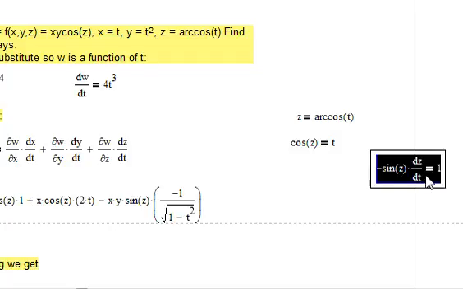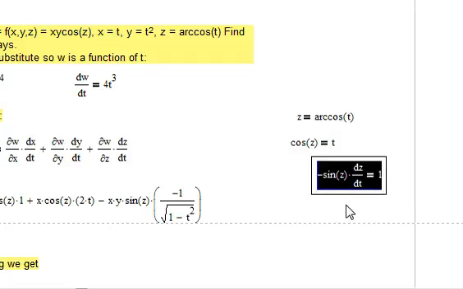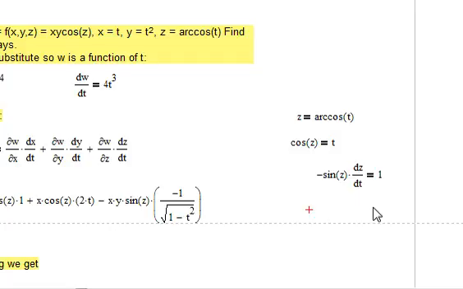So dz/dt equals negative cosecant of z. Well, now that's tricky. So how are we going to figure that one out? Well, we need a picture.